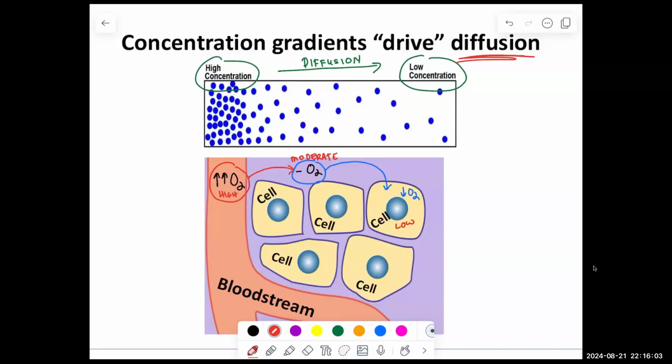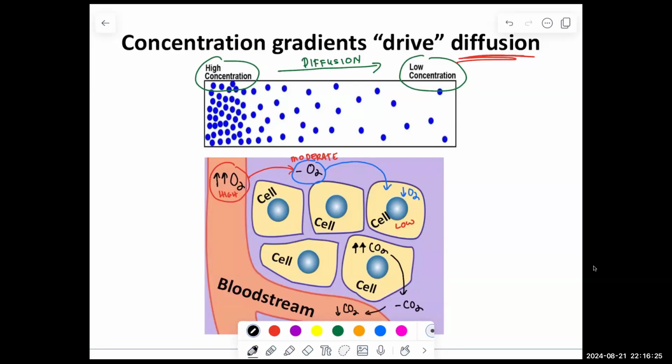And the vice versa is true as well. What do I mean by that? Because your cells are using up oxygen, they're going to make a lot of CO2. That CO2 is going to diffuse into the interstitial fluid where it's moderate, and the CO2 is relatively low in the blood.